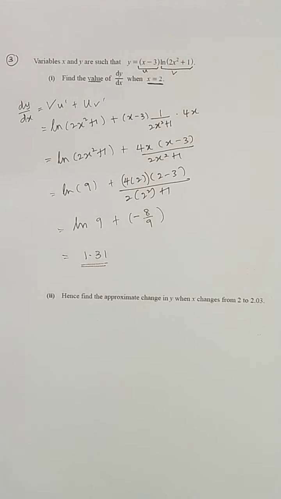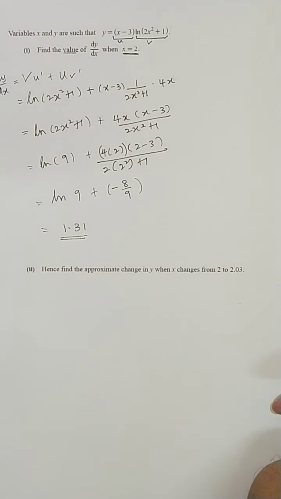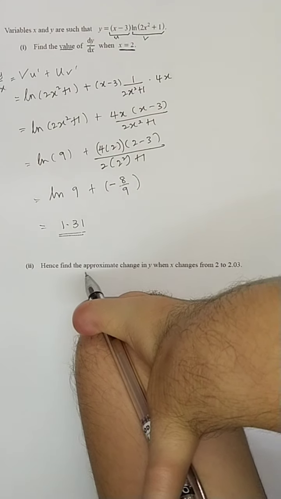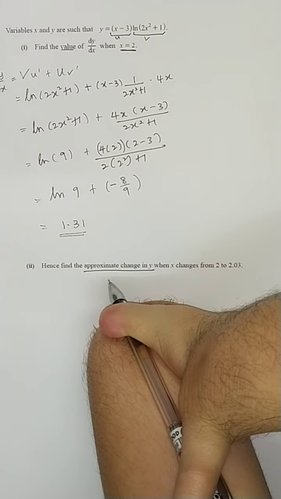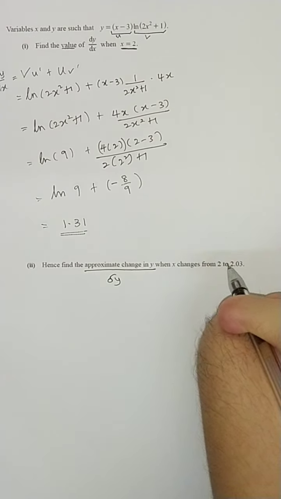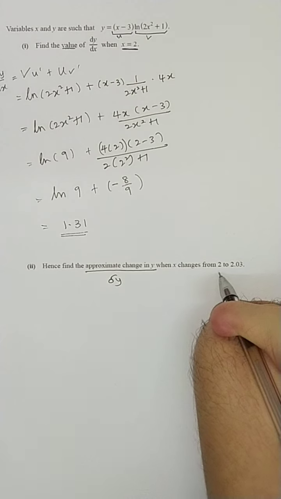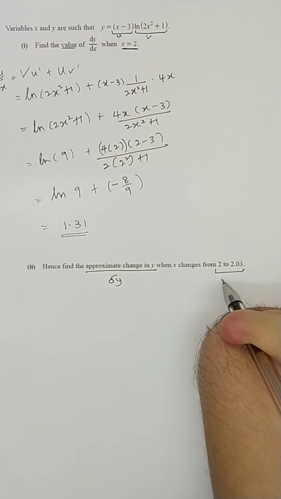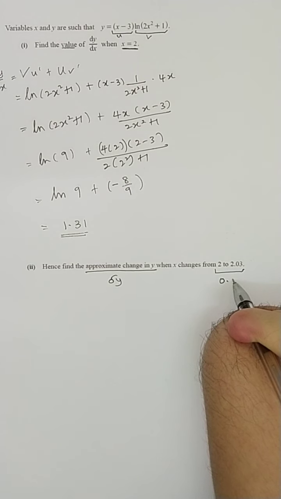Okay, next question. Hence, find the approximate change in y. So this is delta y, when x changes from 2 until 2.03. How much difference happens over here? 0.03.